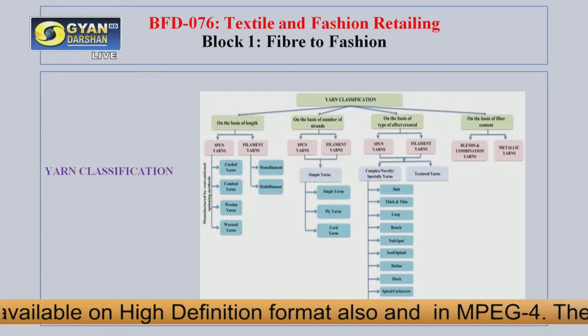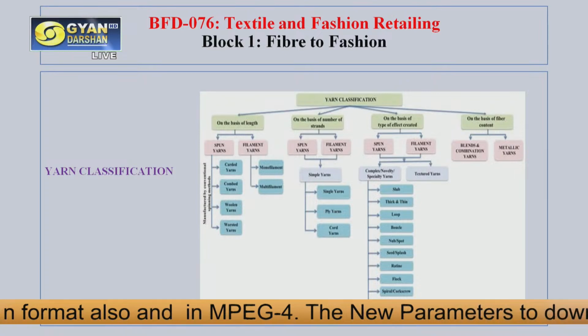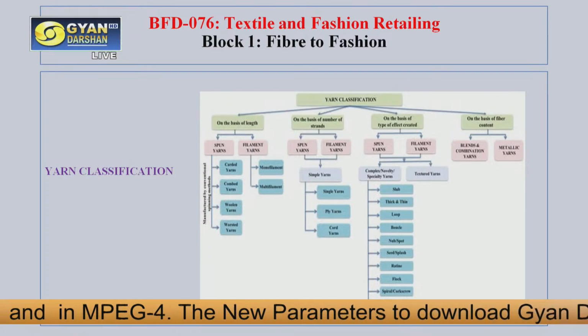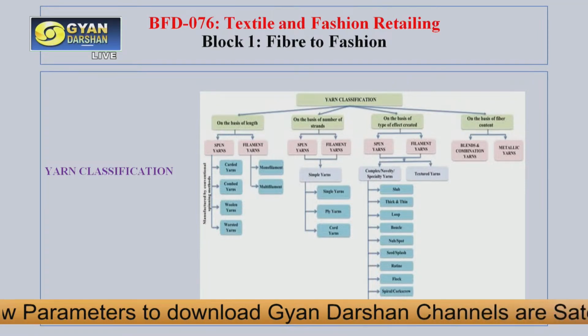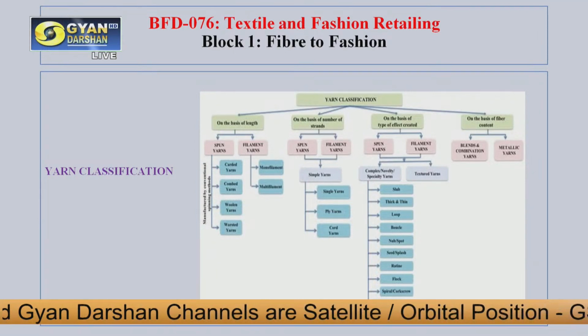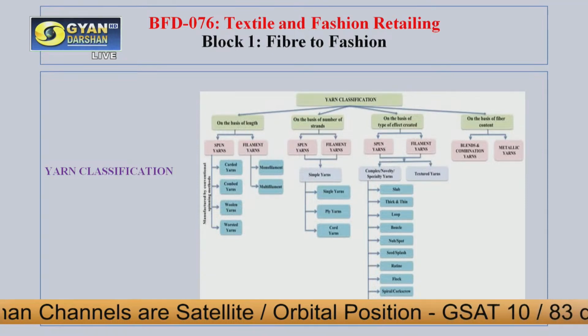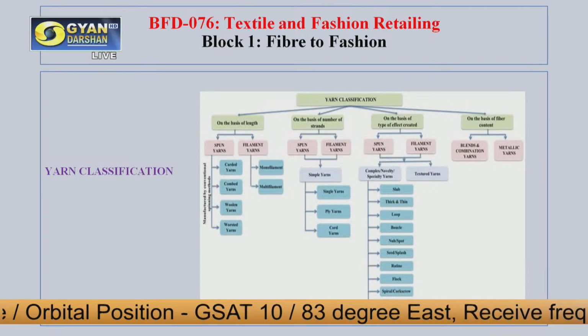Then on the basis of type of effect created, we have 2 types: the complex yarn or the novelty or specialty yarns, and textured yarns. And the 4th classification is on the basis of content, like the blended yarns or combination yarn and metallic yarns.